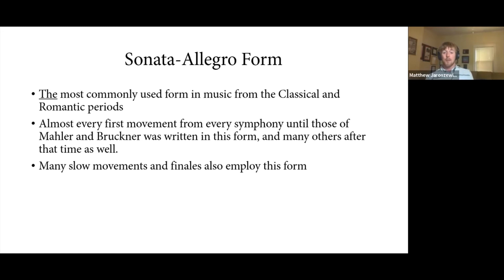Lots of slow movements and finales also employ this form. You may have heard the word sonata thrown around in various different contexts. Typically, if you hear a piece called piano sonata or sonata for violin and piano or something like that, if it's a solo work or a work for two instruments, the composer used the word sonata as the title.